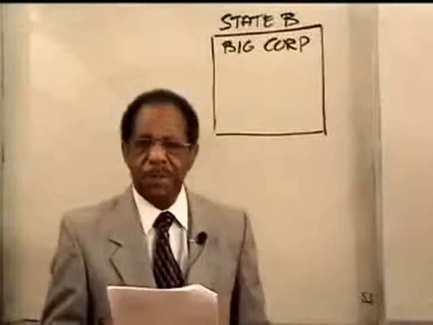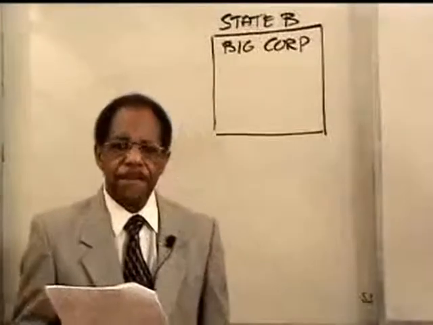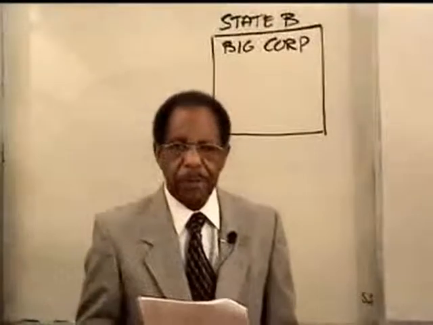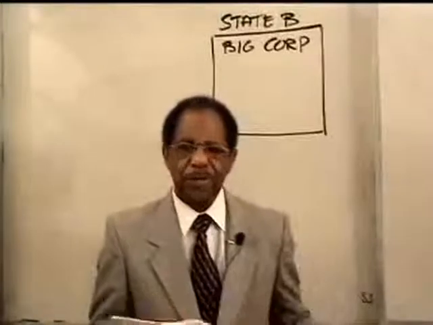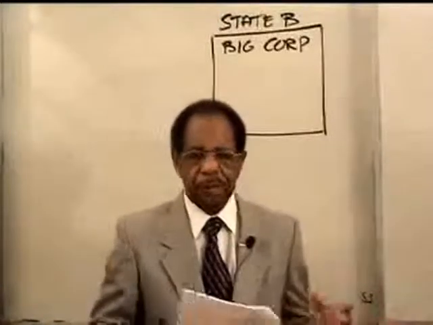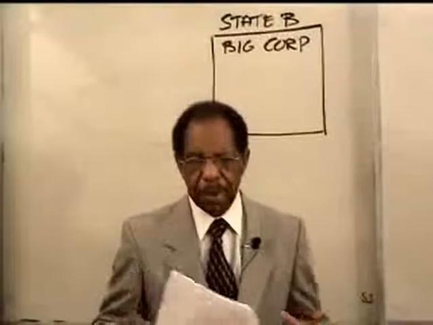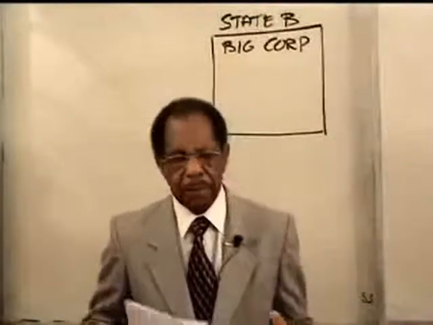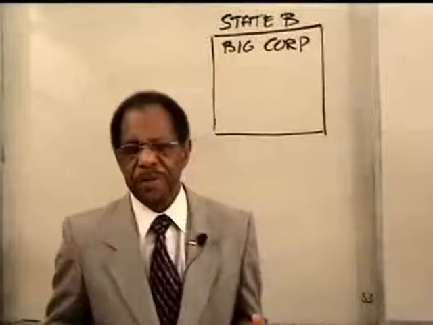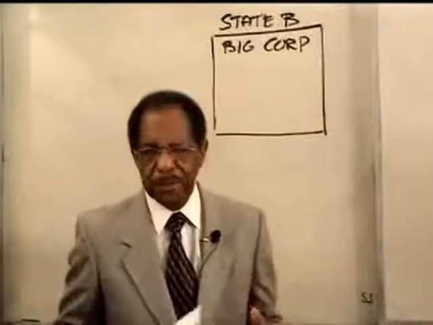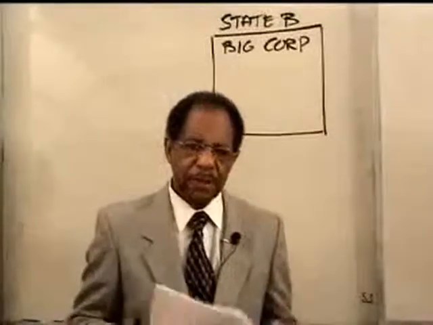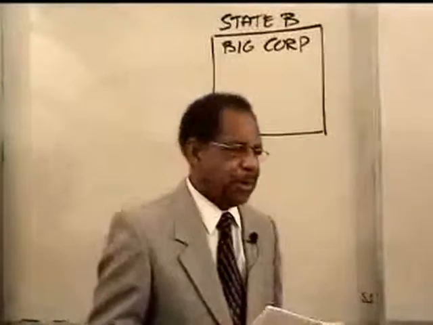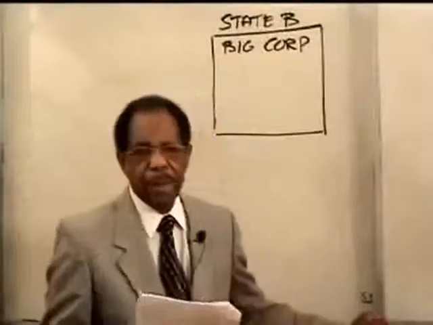The principal place of business, as you know, is either the so-called nerve center or the muscle center. The muscle center is where the corporation has its principal place of business, like maybe Detroit for automobile manufacturing. And the nerve center would be where the headquarters, the brains of the operation, are located.